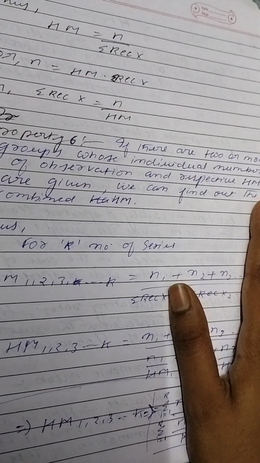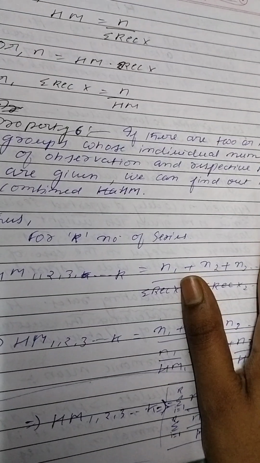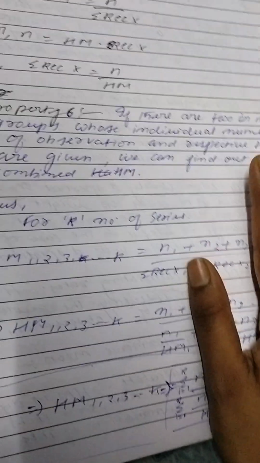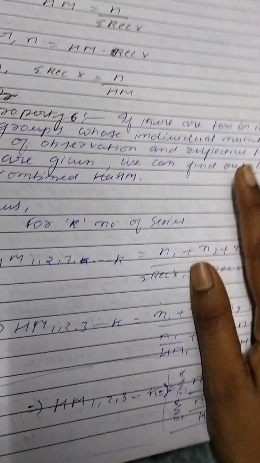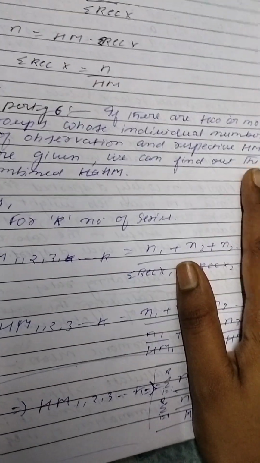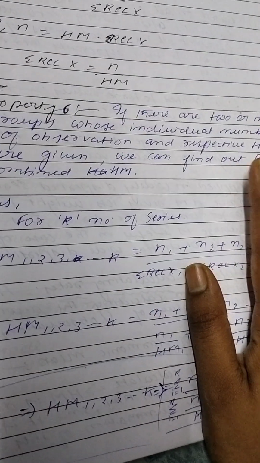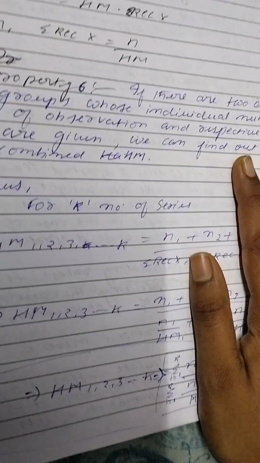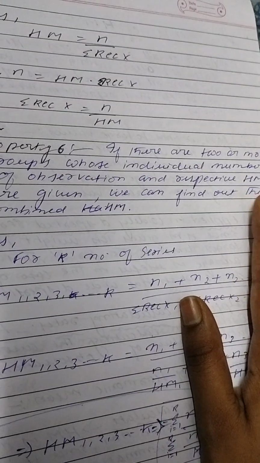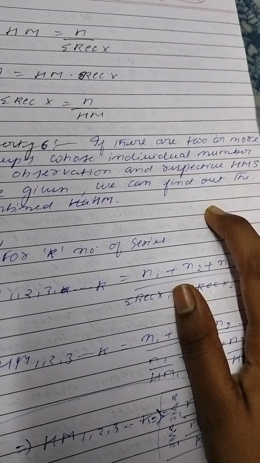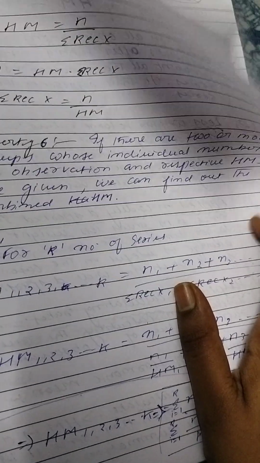Those individual numbers of observations and respective HMs are given, and we can find the combined HM. That is, n is given, and the respective HM: for one group the HM is that, for another group the HM is that.